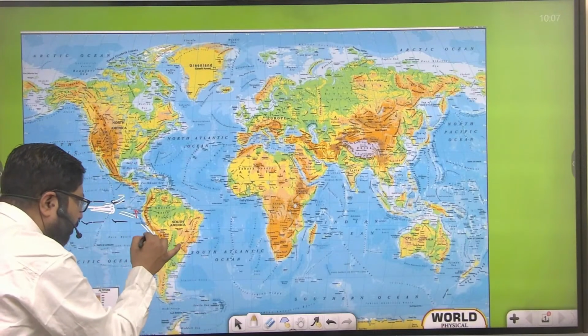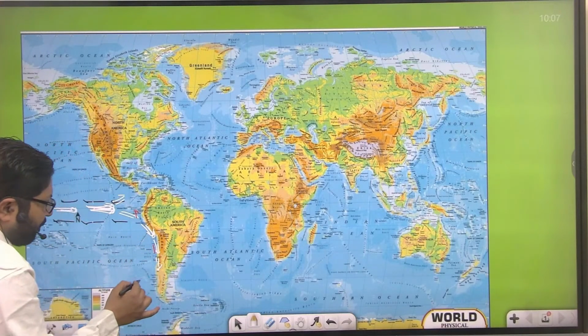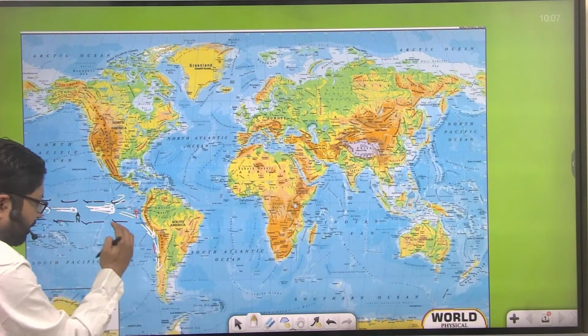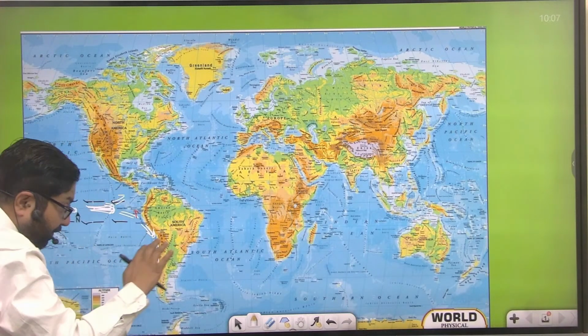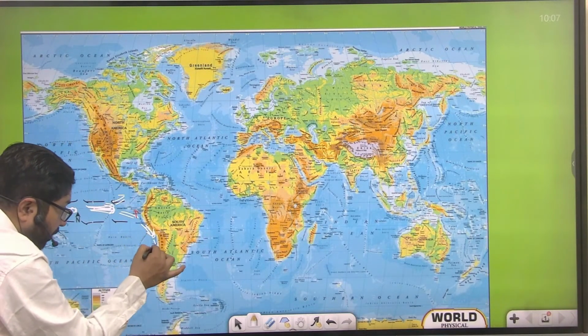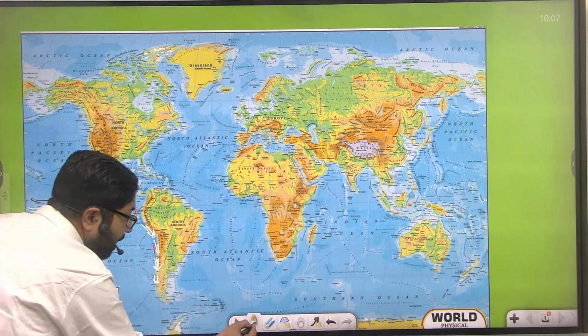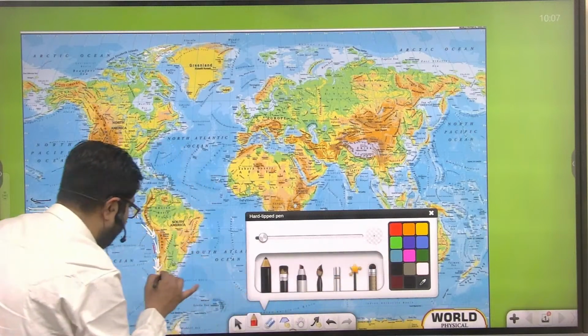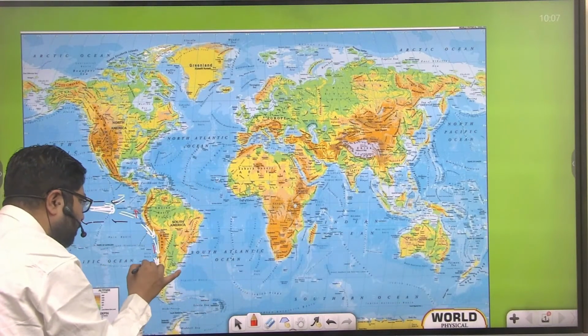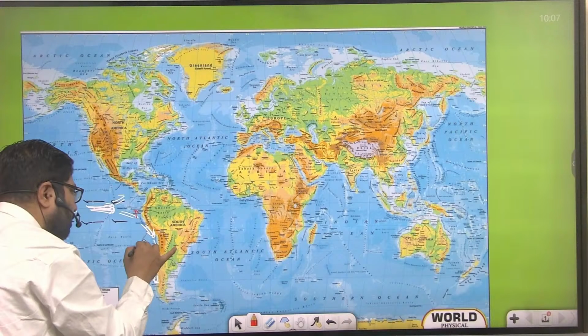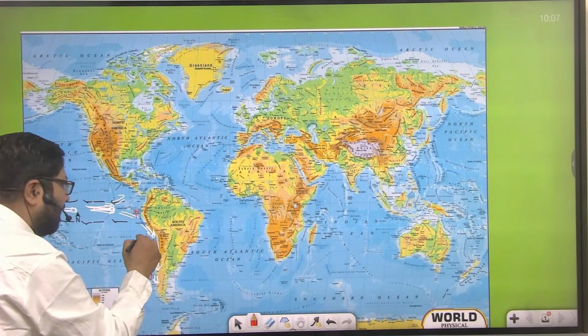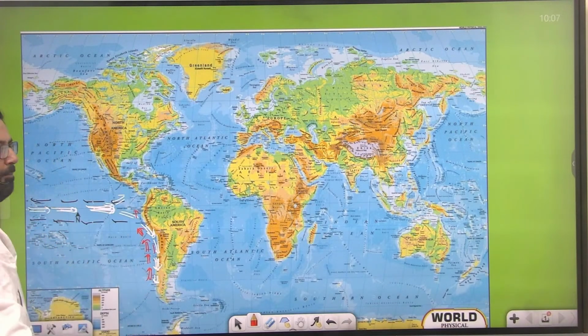Two types of water along the eastern Pacific Ocean, that is along the coast of South America, you find two types of surface water: warm water of counter current moving from north to south, and cold Peru current moving south to north. And this counter current is found on the right hand side of Peru current.